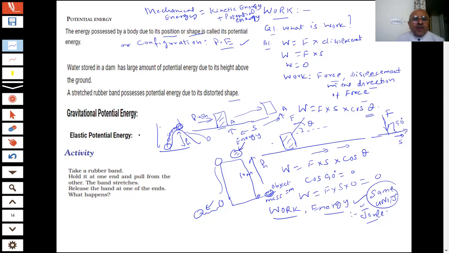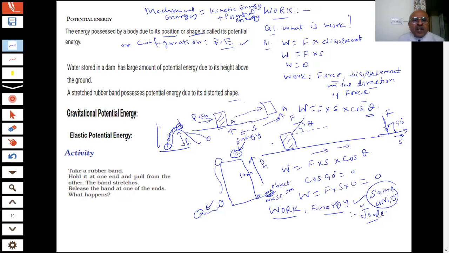There are different types of potential energies which we are talking about, students. Gravitational potential energy is that potential energy when you raise anything above the ground, students, to a particular height, then it becomes potential energy due to gravitational force.